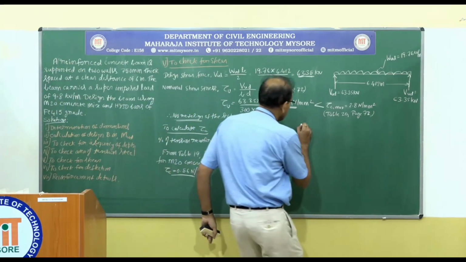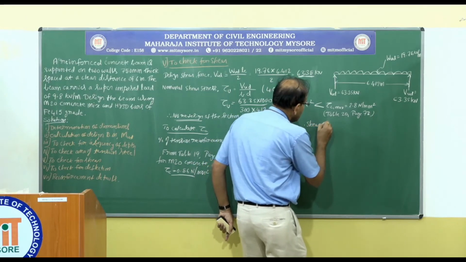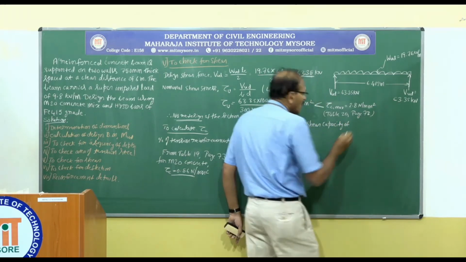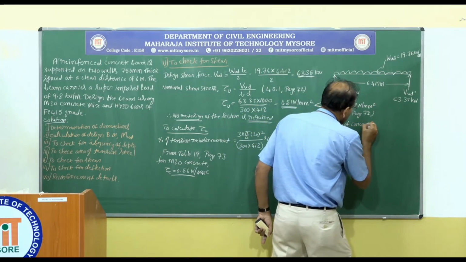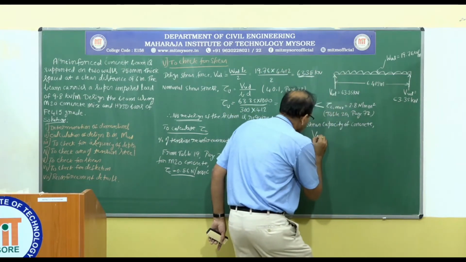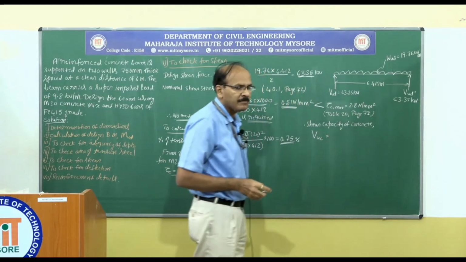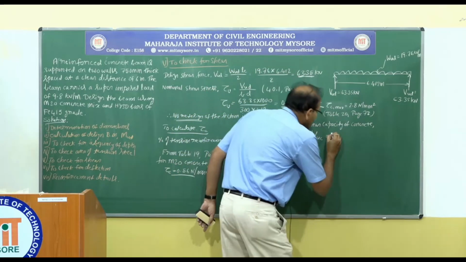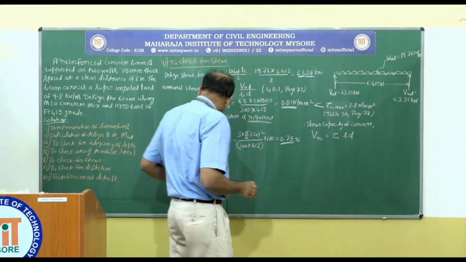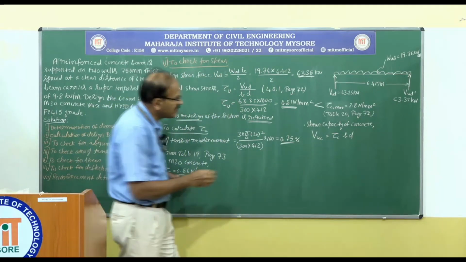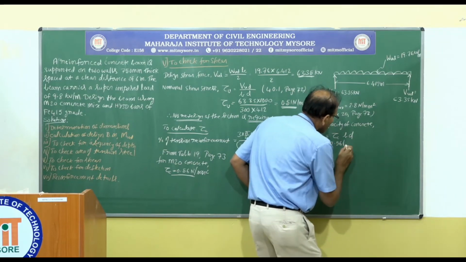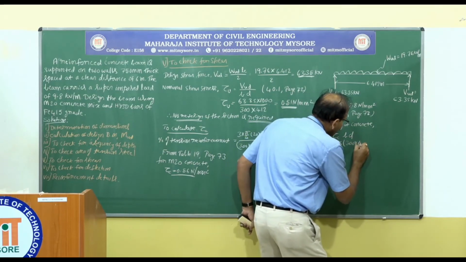Therefore, the design shear capacity of concrete, which we have called VUC, is given by tau C multiplied by BD. What is the tau C value? That is 0.56 Newton per millimeter square, and B is 300, D is 412.